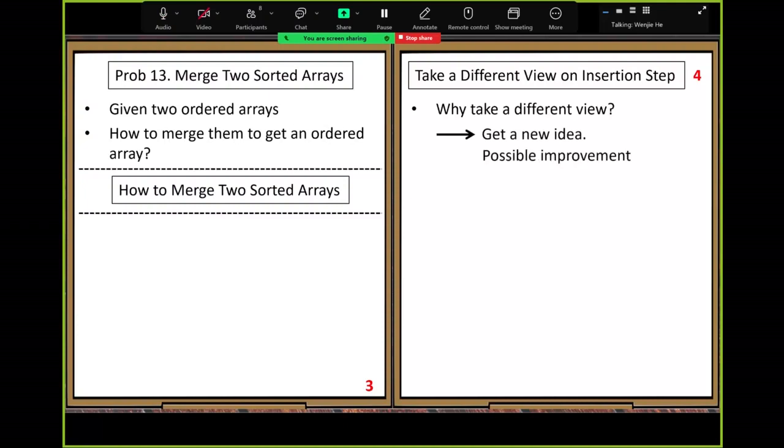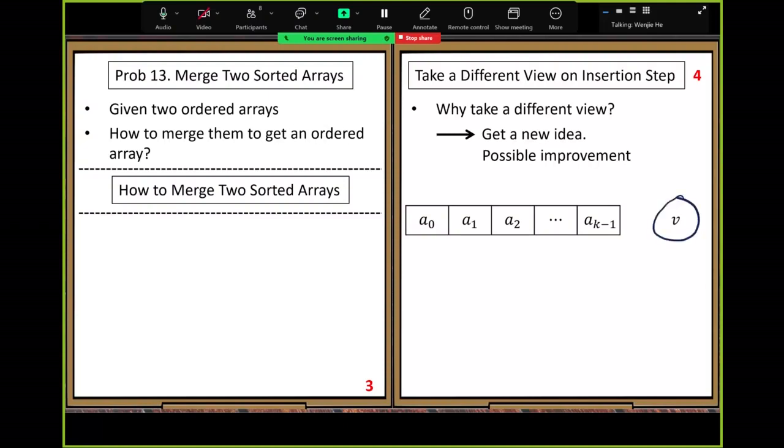But when you start, let's look at this insertion step. We have a new element V, then an ordered array, whole array we assume ordered. So you need to insert V into an ordered array. That's the typical insertion step.